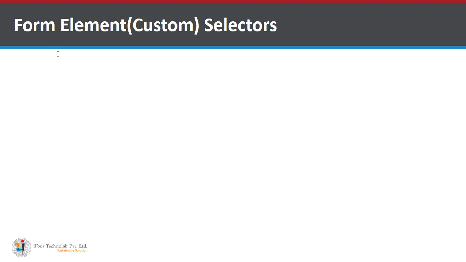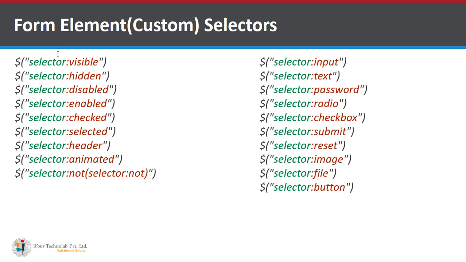Next is how to find form element selectors. First one is $ selector visible, used for finding all visible elements from the HTML body. Second one is $ selector hidden, used for finding all hidden elements from the HTML body. Third one is $ selector disabled, used for finding all disabled elements from the HTML body.